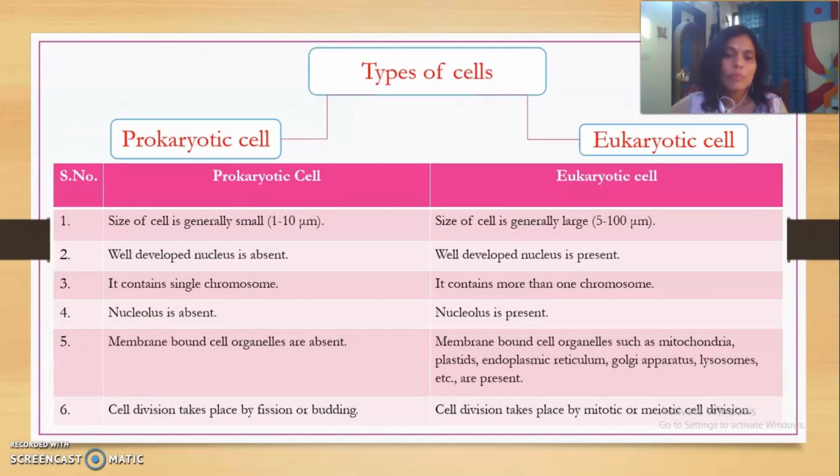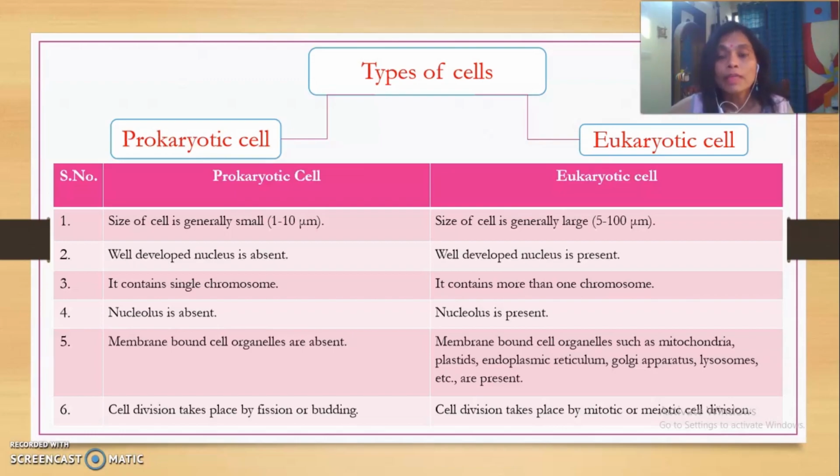Next we move on to the types of cell. Cells on the basis of their origin have been classified into prokaryotic and eukaryotic cells. The prokaryotic cells are also called primitive cells.